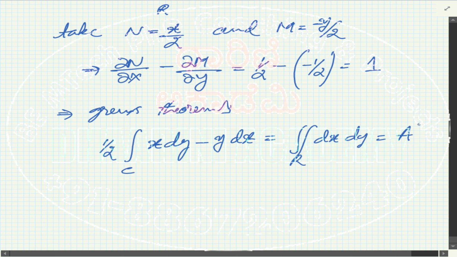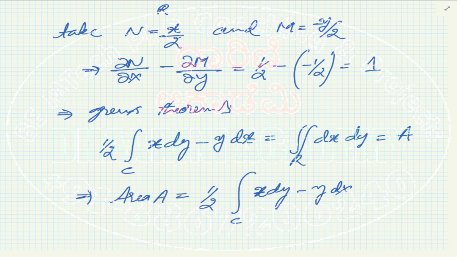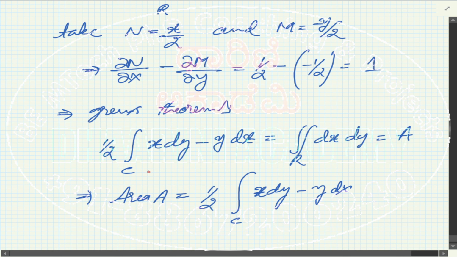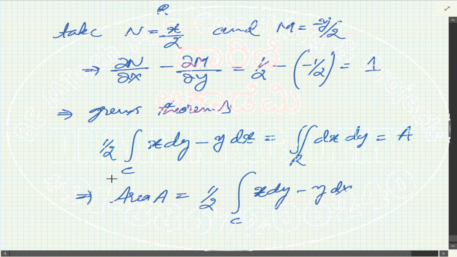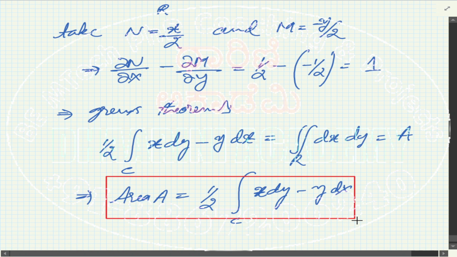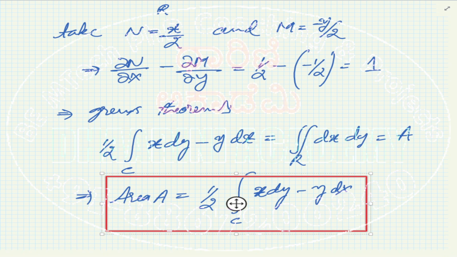This itself is the area which we had defined earlier. This implies the required area A is equal to half of integral over C of x dy minus y dx. So we will be using this as our reference to calculate any required area. When only one curve is given and we are supposed to calculate its area, we should use this equation.